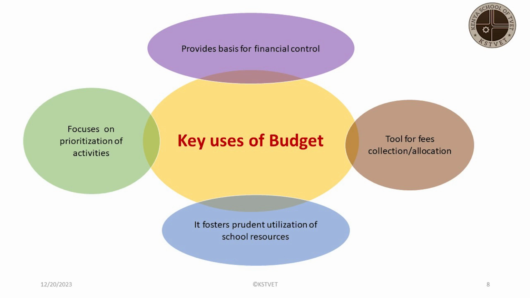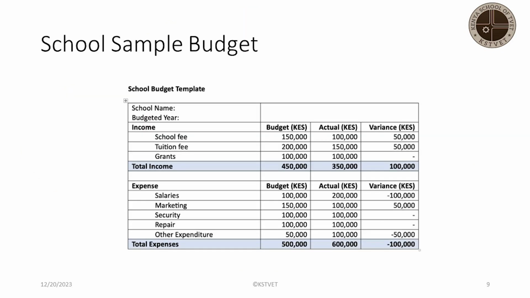Let us now look at a sample of a school budget. Here you have to be very keen because at the end of the topic, you will be required to prepare an institutional budget. Let us look at this sample of school budget. You can see that we have some columns and rows.